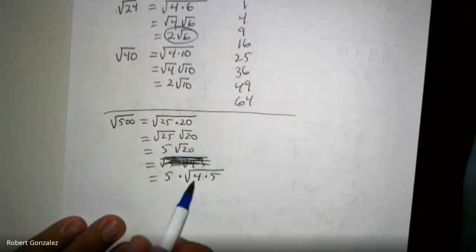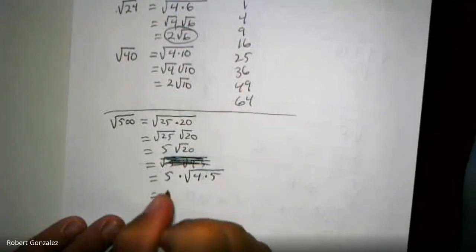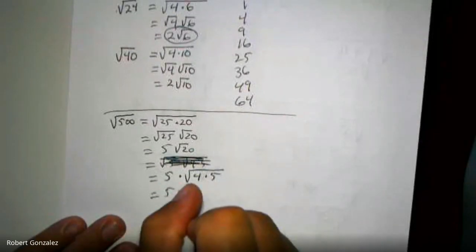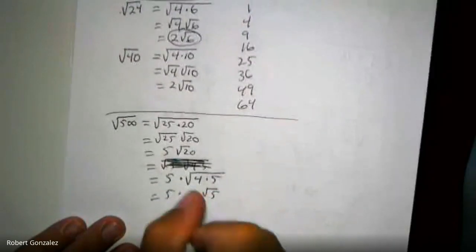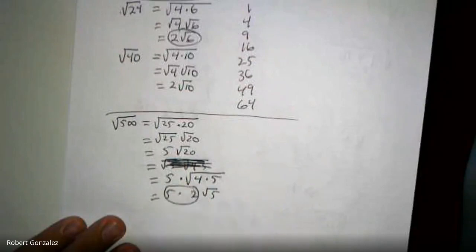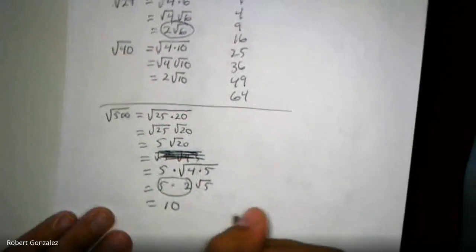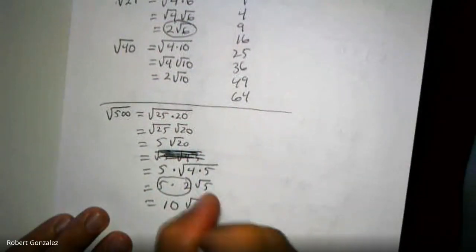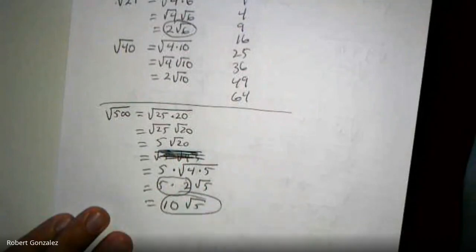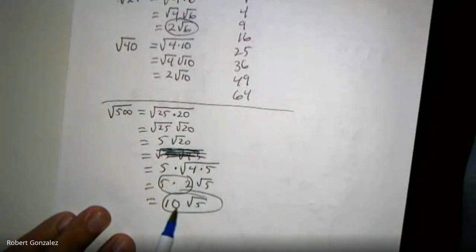Became a 5. 4 looks perfect, so 4 is going to come out, become a 2. All the people who are outside get to play together, multiply it and get 10, and 5's a bad boy, stays in the house. There's your answer. And you can see where that 100, if we'd taken out 100, it would have become 10.